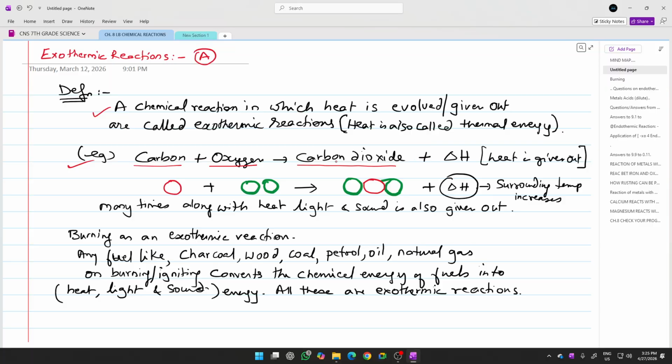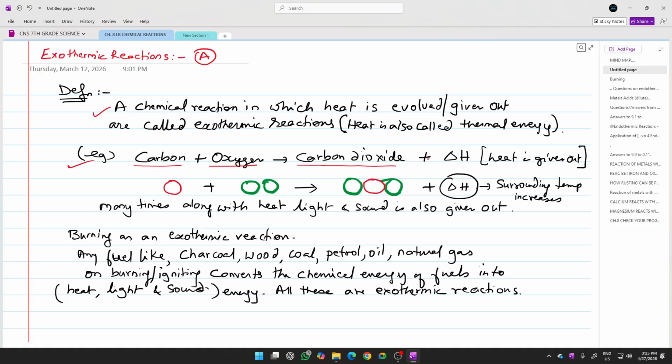But here, can you see, after this chemical reaction, I have written plus delta H. Now, what is the meaning of this plus delta H? Plus means something which is given out from that reaction, and delta stands for the change, and H stands for the heat energy. So delta H means the heat energy.